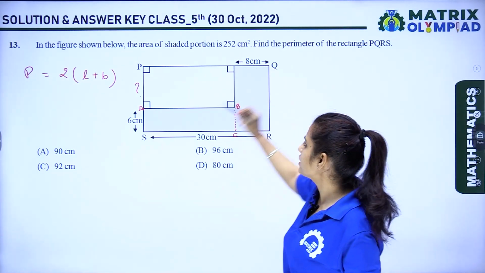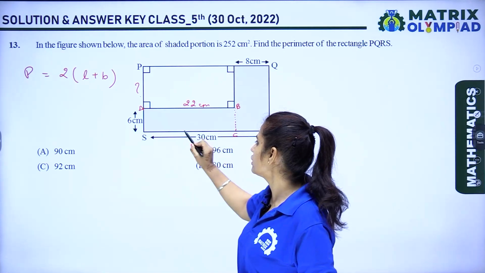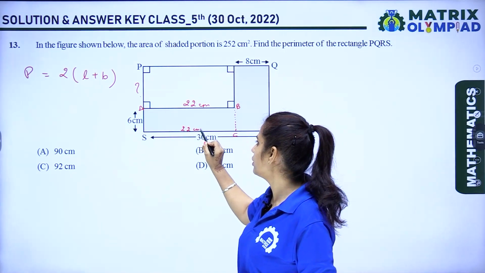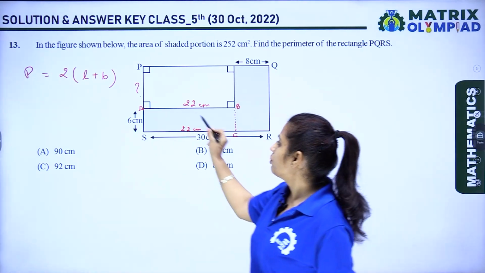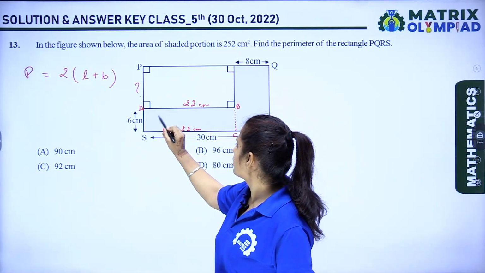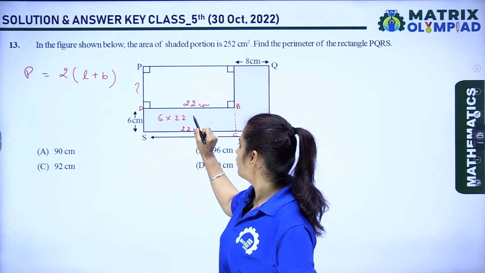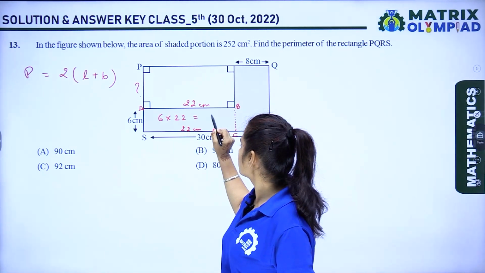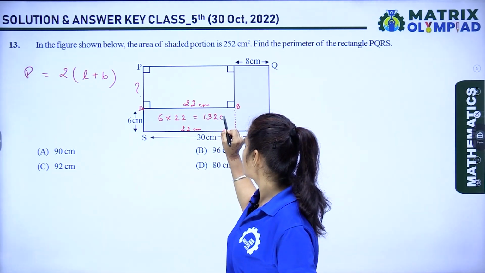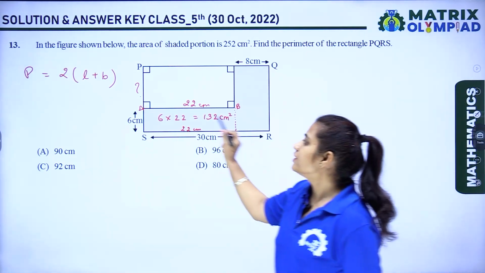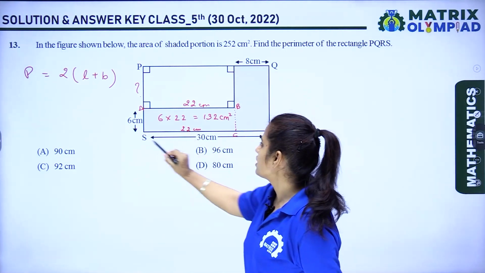So 30 minus 8, we get 22 centimeter. So this is 22, this is 22 centimeter. Now the area of this shaded portion, meaning this rectangle, is length into breadth. So 6 multiplied by 22 will give us 132 centimeter square. So this is the area of this rectangle ABCS.